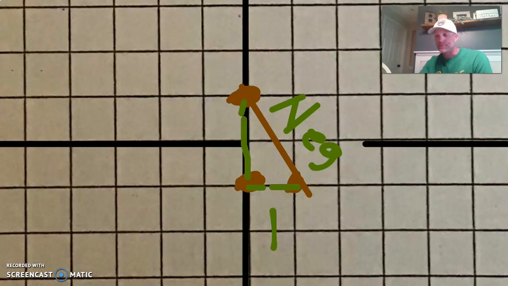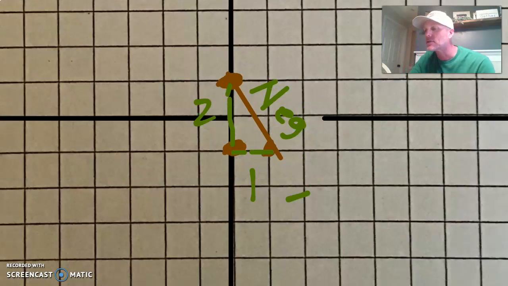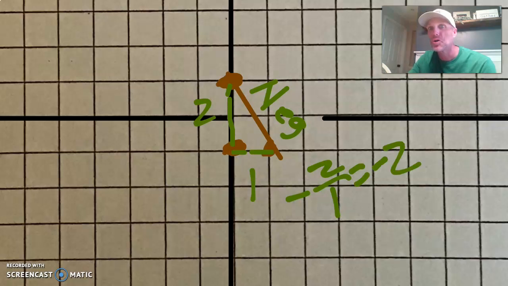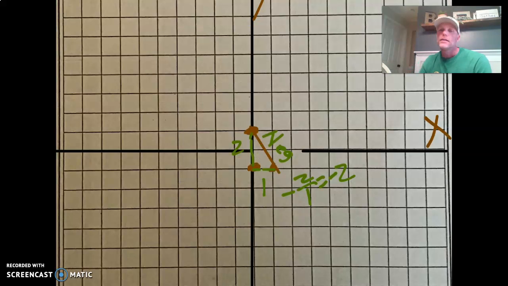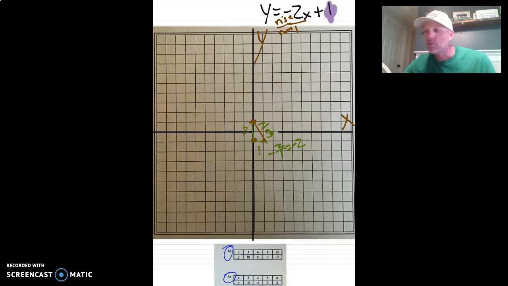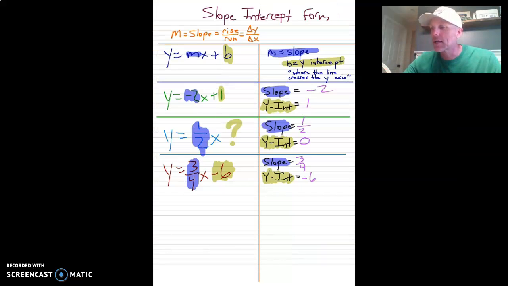The width is 1, and the rise is 2, but it's negative, so it is negative 2 over 1, which equals negative 2, which is the same thing as that. All right? So that's kind of where we're going with this.